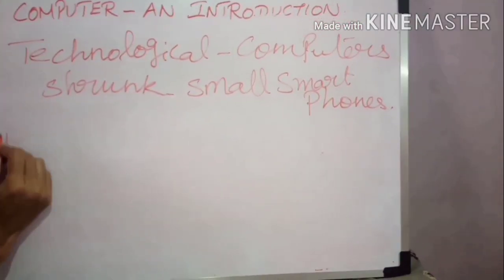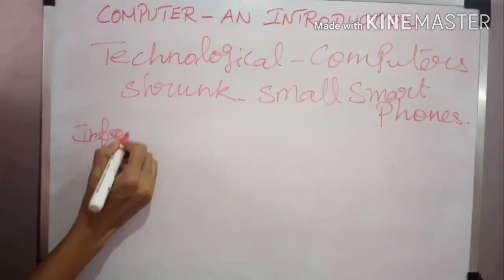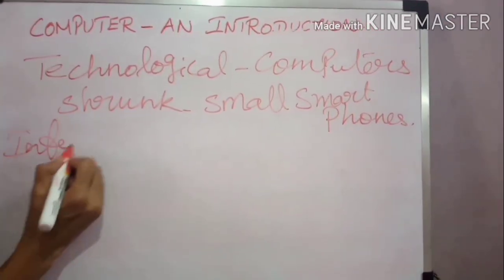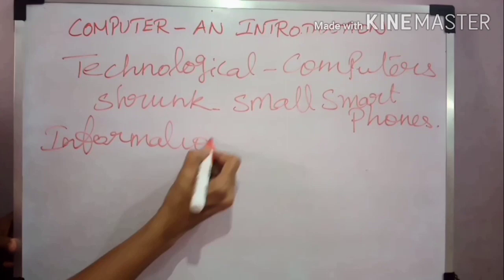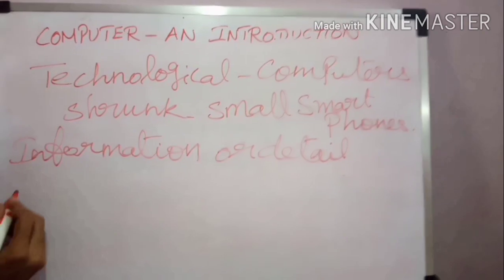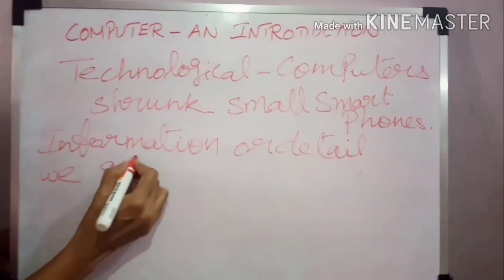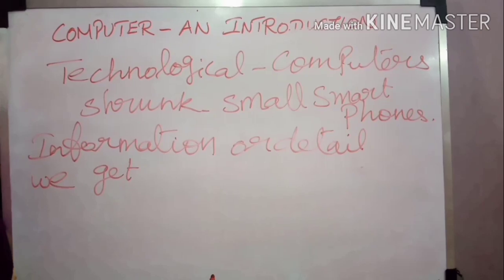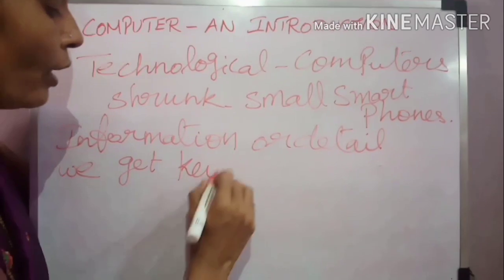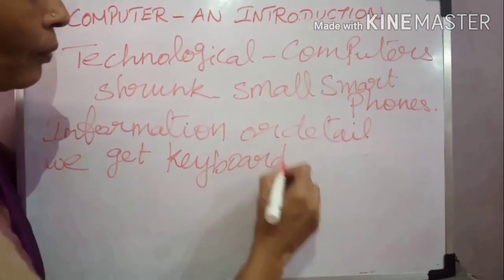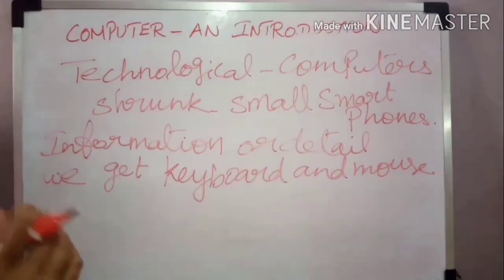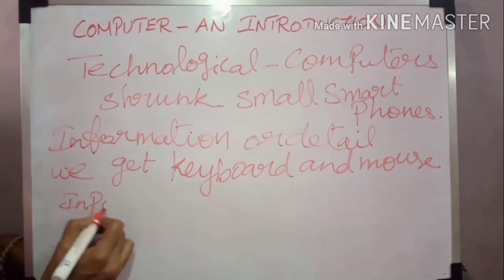Whatever information or detail we want to get from the computer, how can we get it? We can give commands by using the keyboard and mouse. And this keyboard and mouse are called input devices.